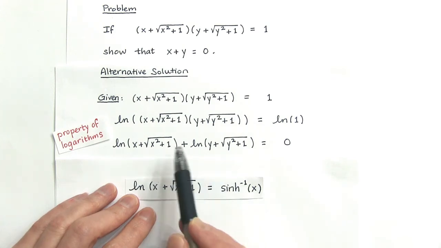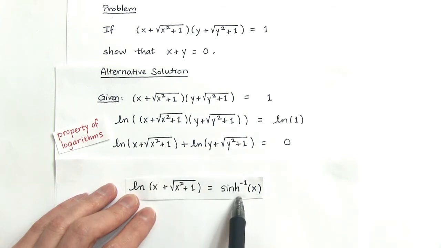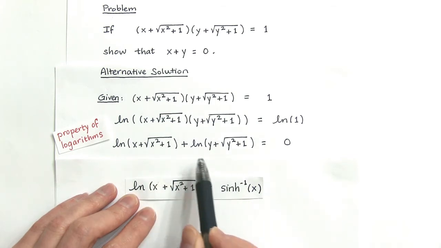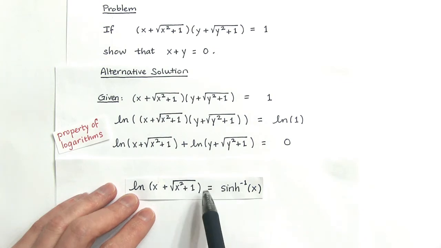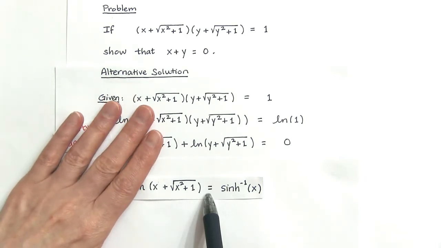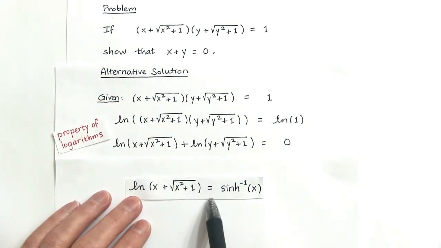And if I replace this quantity with the inverse hyperbolic sine, that's going to make the rest of this proof very easy and will be solved in 2 or 3 lines. We're almost done. If you didn't know this algebraic identity, stick around, and after I'm finished with this alternative solution, I'll explain to you why this is true.